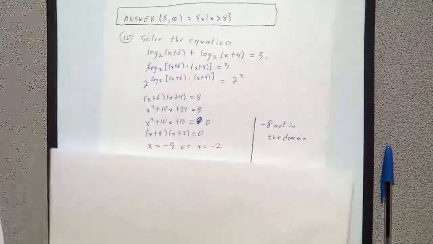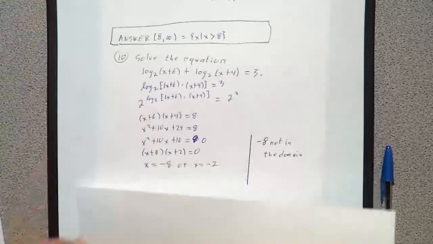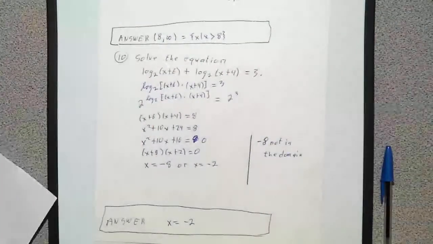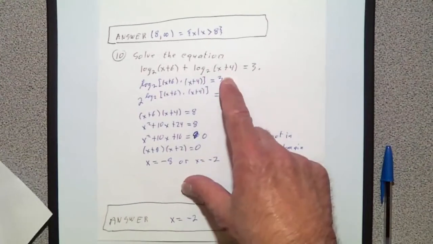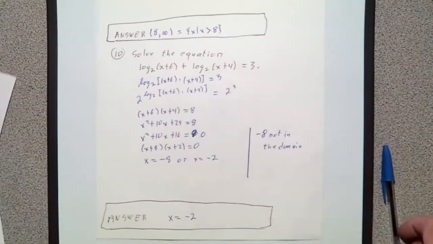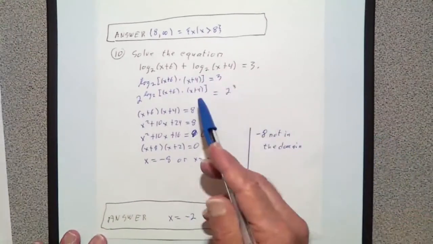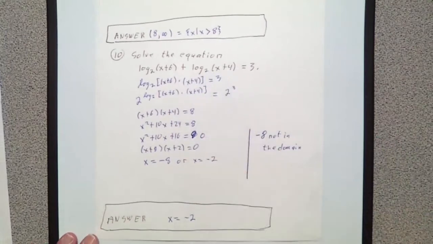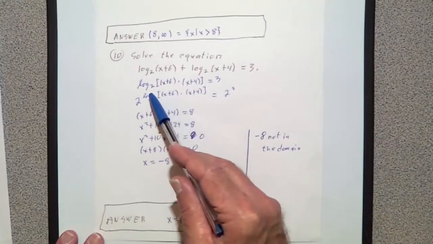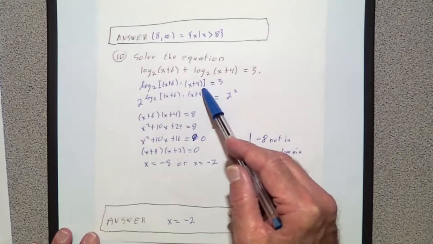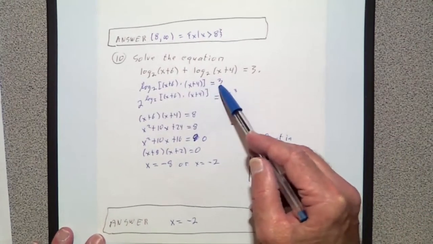And lastly, solve the equation. Well, the way you solve a logarithmic equation is you take logs, but first, or at least sometime, you have to condense them. So the log of the product is the product of the logs. So this is the log of x plus 6 times x plus 4.